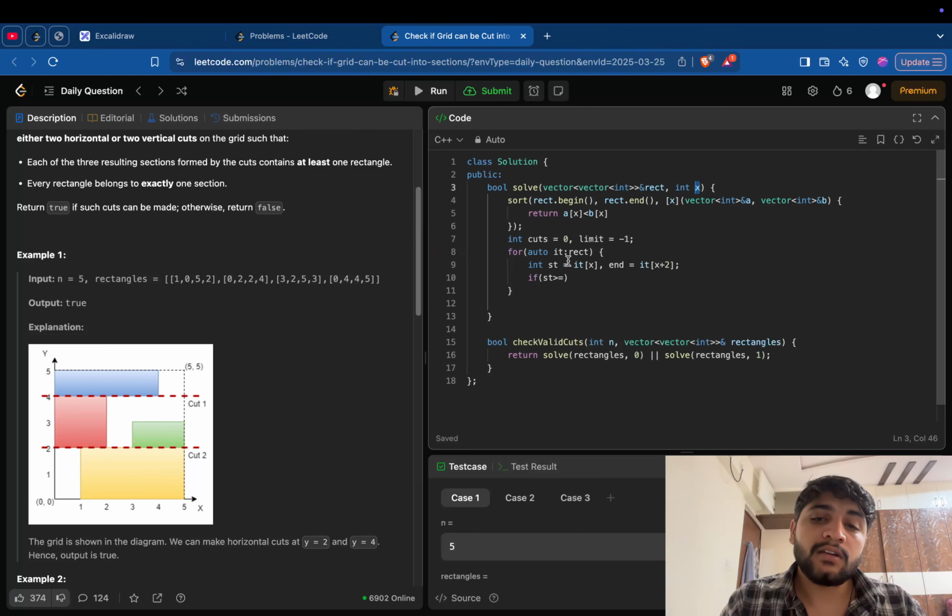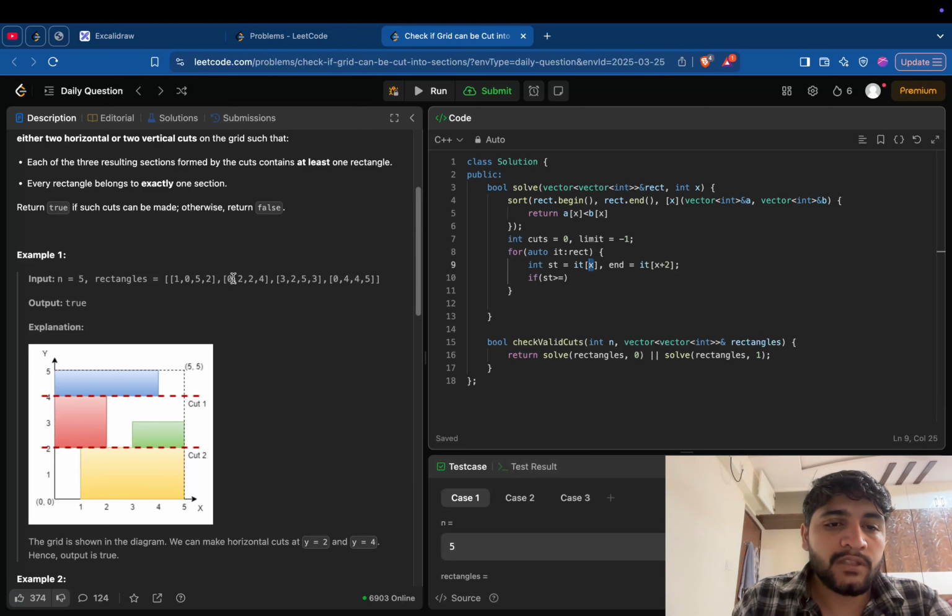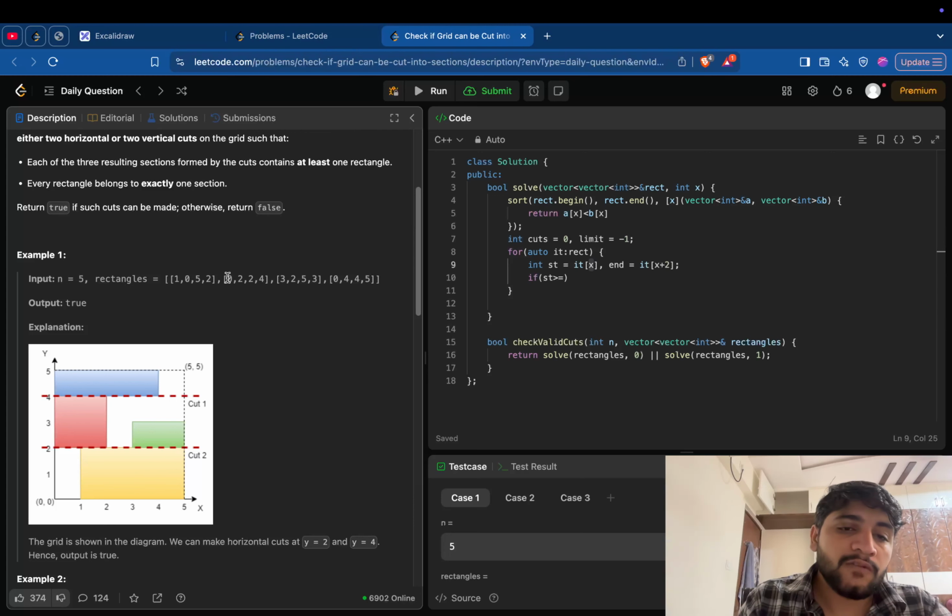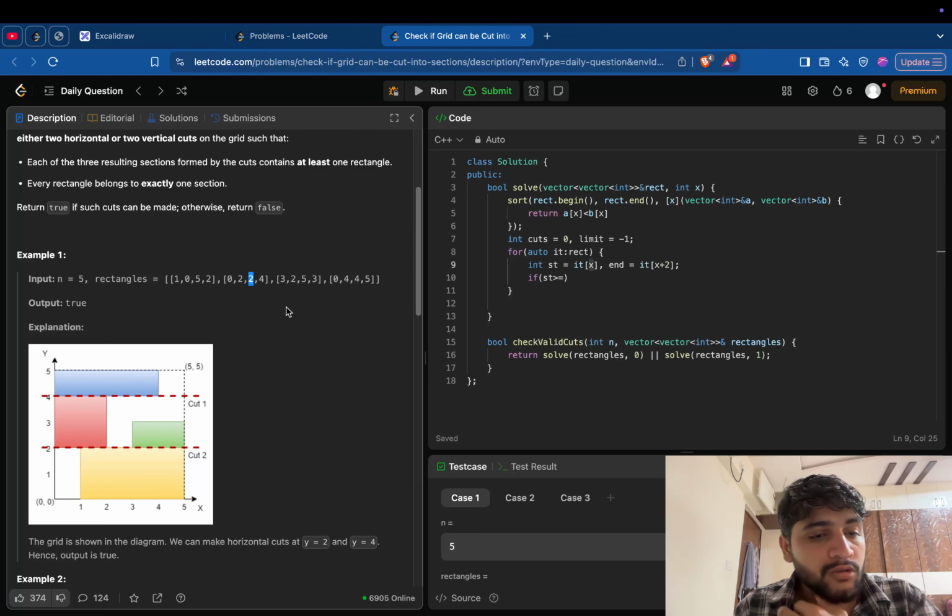We come over this, and the start is 0. It will be sorted on the basis of x: 0, 0, 1, 3. So 0 is the first. Start is 0, end is 2. 0 to 2 is the first rectangle.